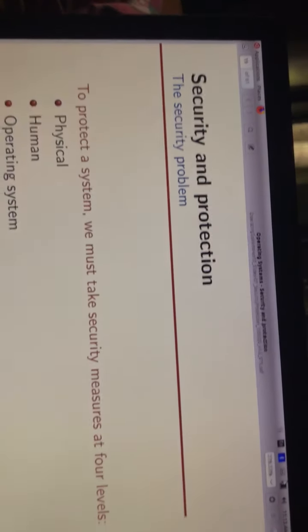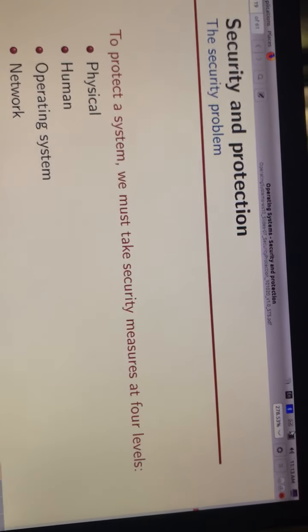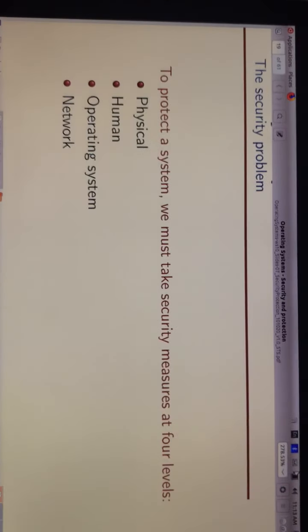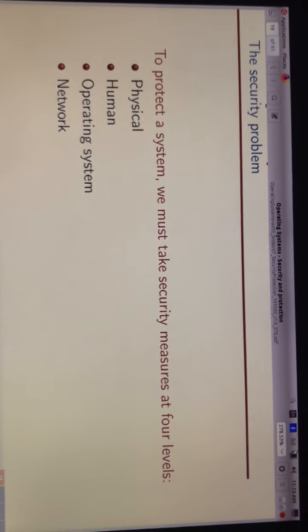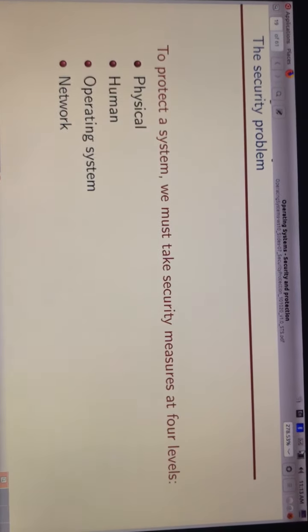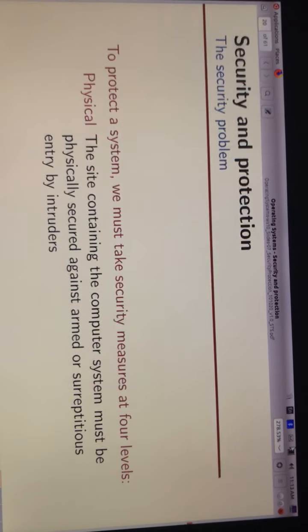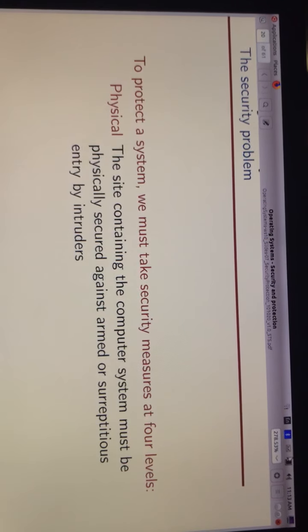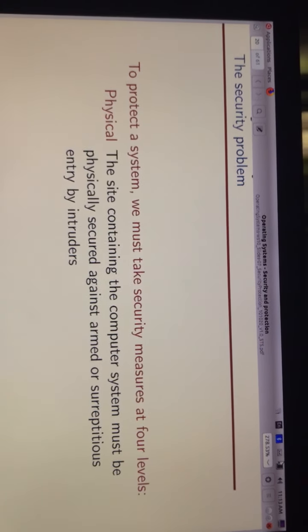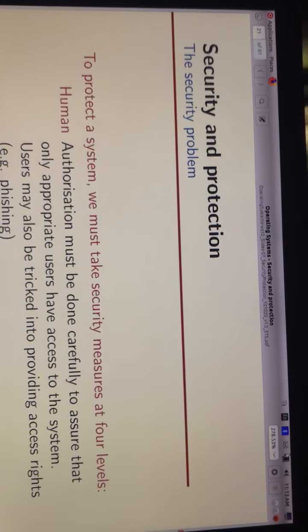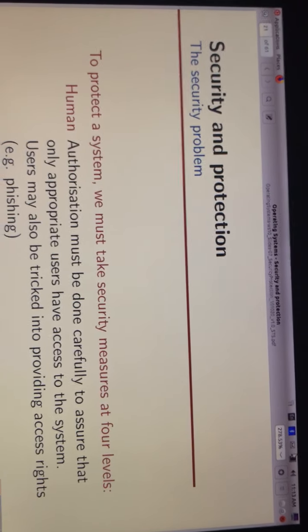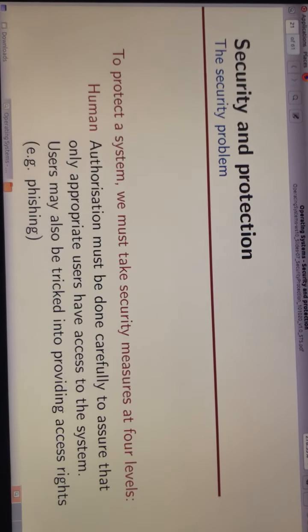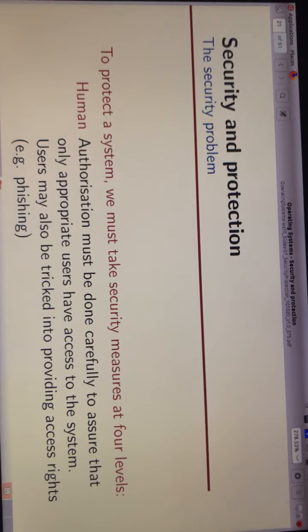Then to protect a system, we must take security measures at four levels: physical level, human level, operating system level, and network level. Physical means the site containing the computer system must be physically secured against armed or suspicious entry by intruders. Second one, human. Authorization must be done carefully to assure that only appropriate users have access to the system.